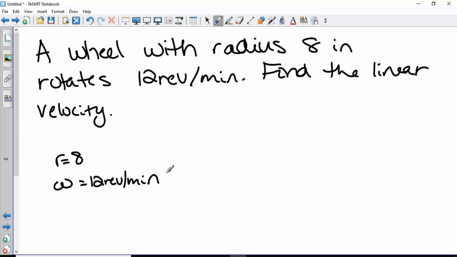We are looking for linear velocity, so we're going to use both r and omega. But here's the problem: I can't plug them in that formula yet. Why? To use the formula, if it's theta or omega, it has to be in radians. So I can't use revolutions per minute.